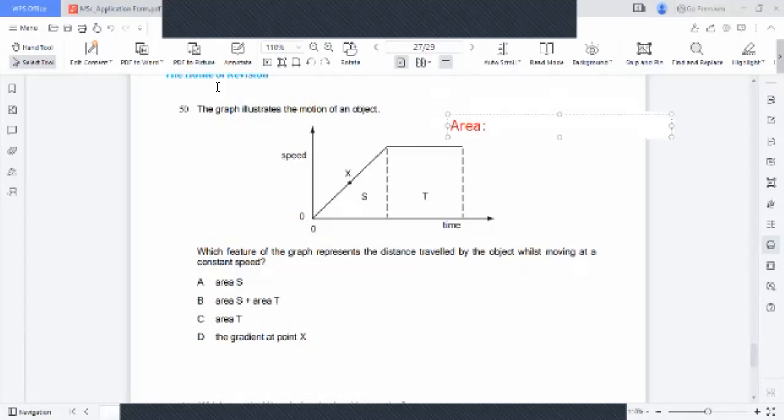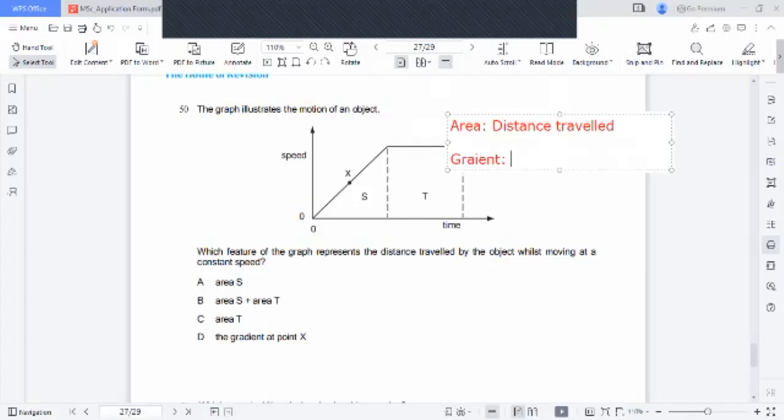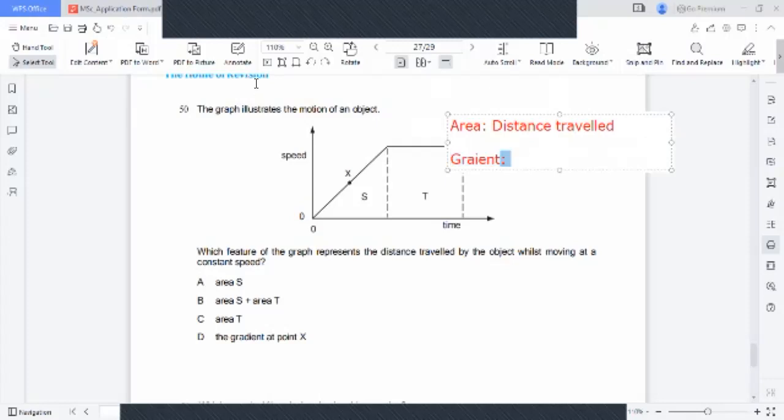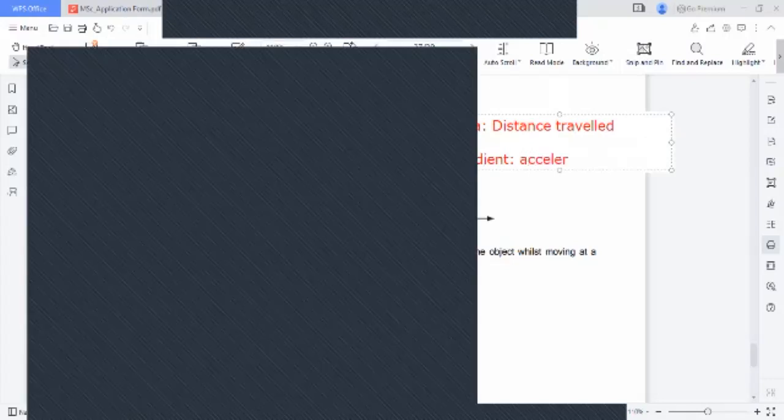So area under the graph is actually distance traveled, and we know that the gradient of a velocity-time graph or speed-time graph tells us about acceleration.